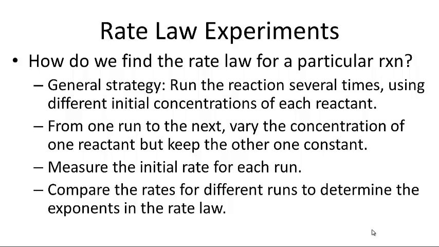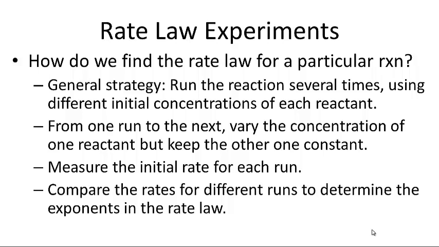So we're going to figure out how to find the rate law for a particular reaction. Previous lectures in this chapter have been about looking at reaction mechanisms and elementary steps. Now we're going to start to figure out mathematically how we can determine the rate of a reaction.